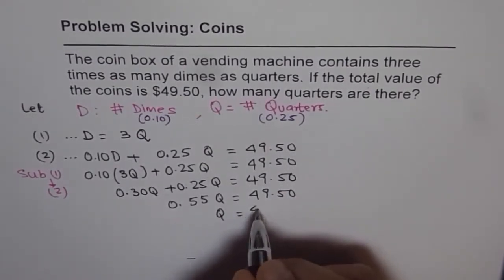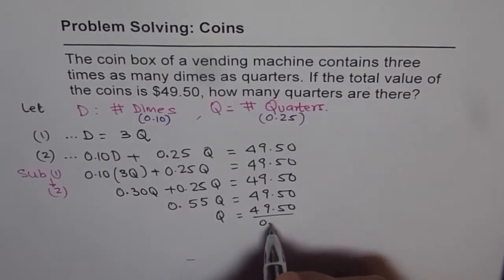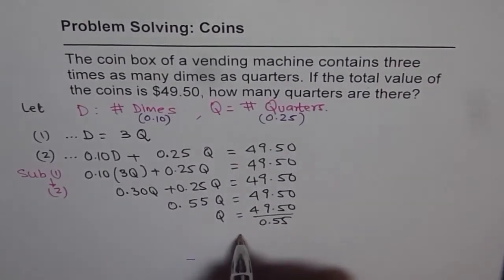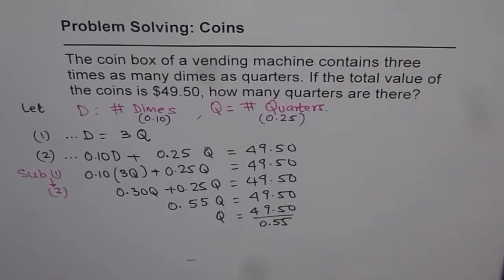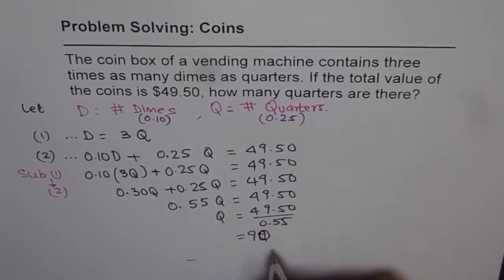Q is therefore equal to 49.50 divided by 0.55. So how much is that? Let's use the calculator, which gives us 49.5 divided by 0.55 equals 90. So we get the number of quarters as 90.